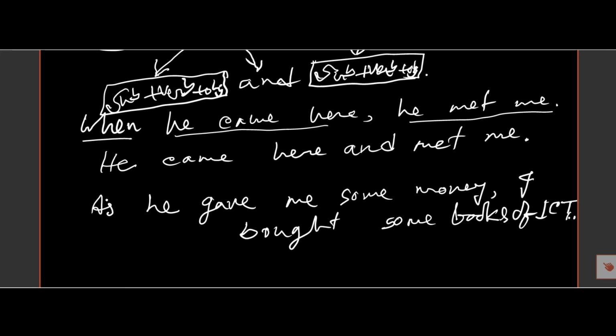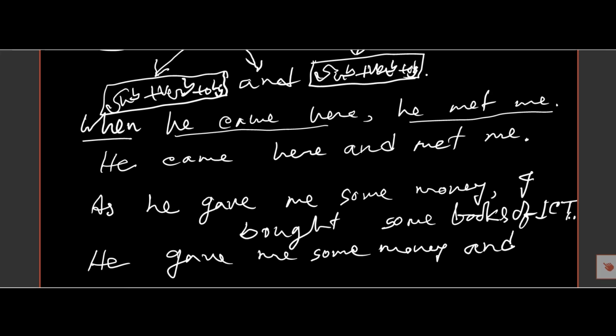So removing the as, we must begin from this part: he gave me some money, and after the first part we must write the conjunction and, and then the other part: I bought some books of ICT.